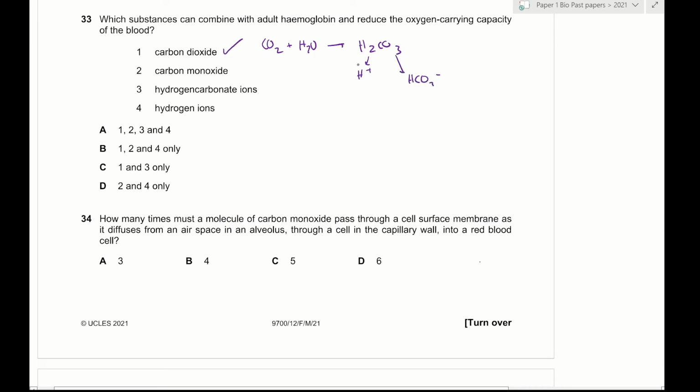When hydrogen ions combine with red blood cells, they form hemoglobinic acid. And hemoglobinic acid has a lower affinity to oxygen, therefore oxygen is released. Therefore, it reduces the oxygen carrying capacity indirectly. 2.